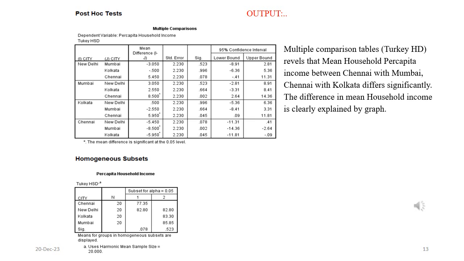Similarly, for Calcutta with Chennai there is a significant difference. That shows clearly that the mean household income of Chennai differs significantly from Mumbai as well as Calcutta, but not from New Delhi.